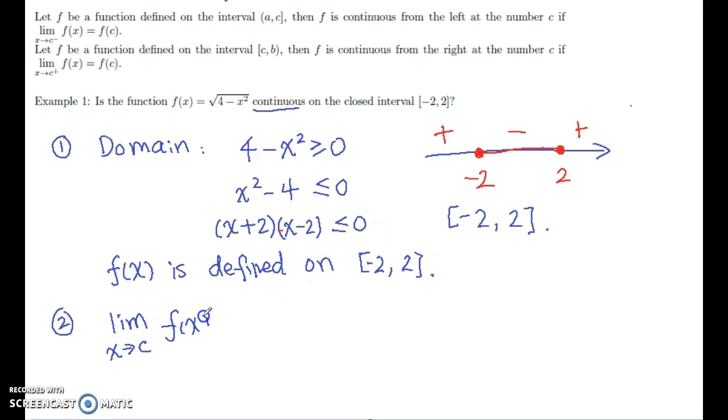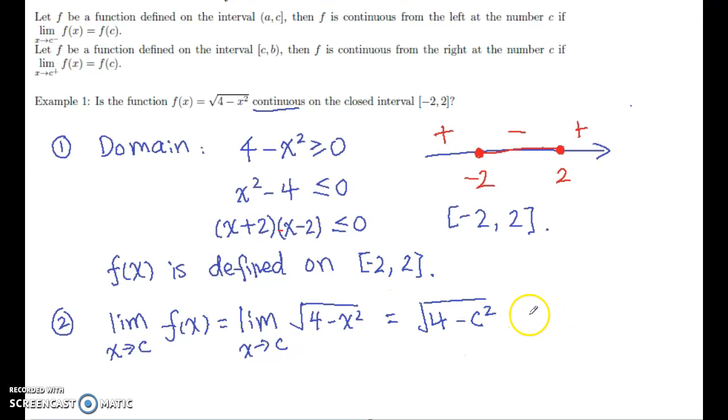f of x, what is it? It is the limit as x approaches c of the square root of 4 minus x squared. Well, because we have a polynomial and then take a square root, and because c is between -2 and 2, 4 minus x squared is non-negative, so we can take the square root and pretty much plug in. So 4 minus c squared, whatever c value is between negative 2 and 2.